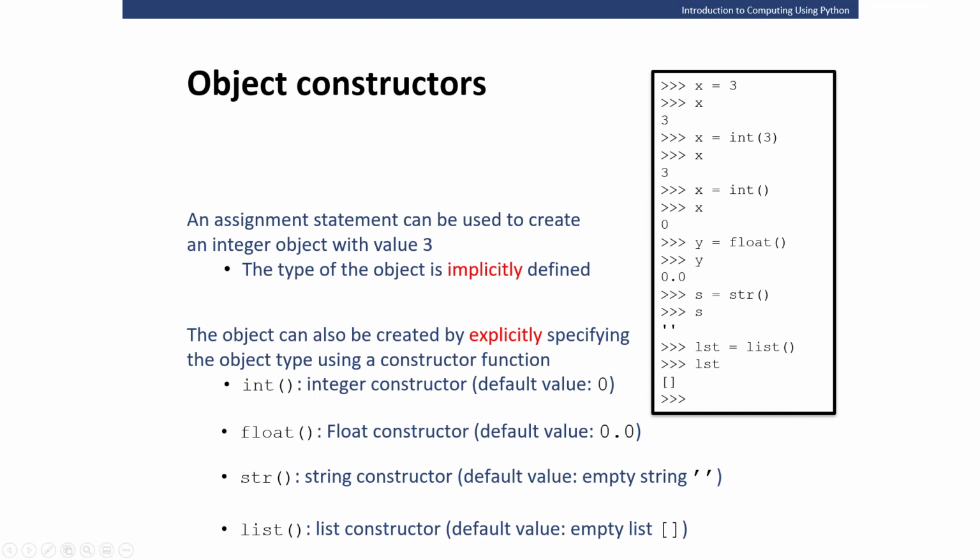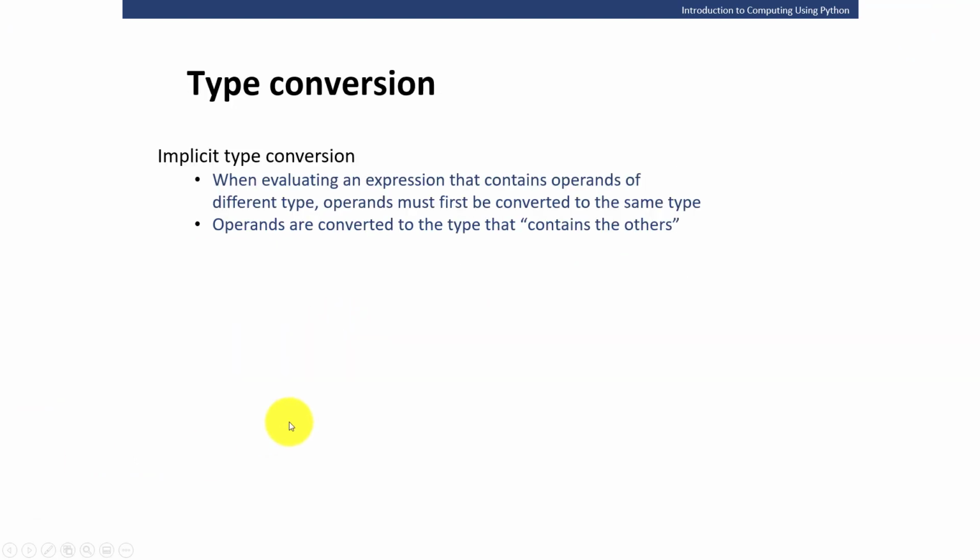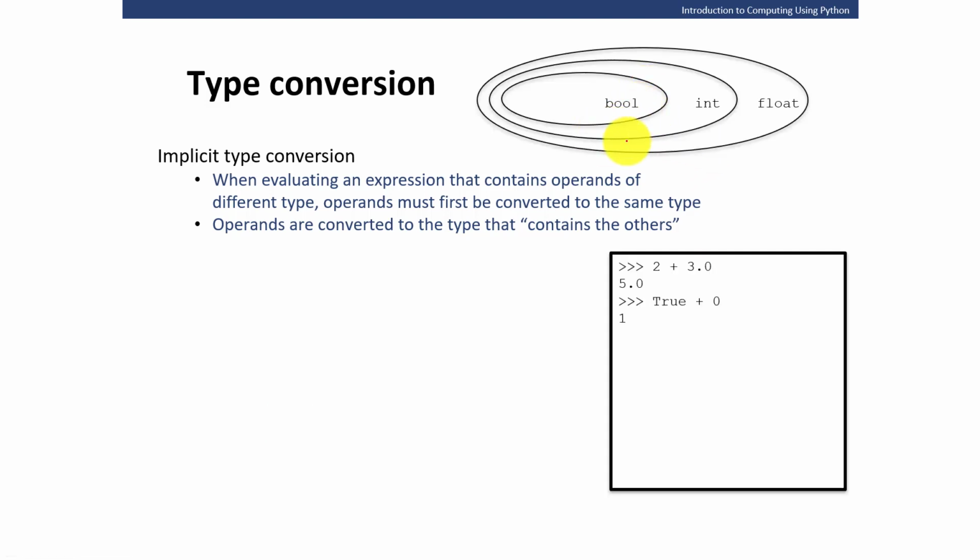Okay. So let's move to what if I would like to convert objects from one type to another. I can do it implicitly, similar to what I've shown you before. If I say in Python 5 plus 1.1, the result will be a float.